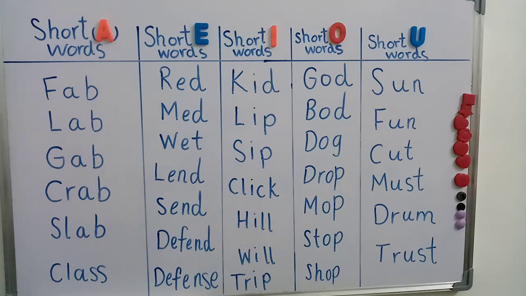For example, the word go, and the word got. In the word go, we have the long vowel O, a long sound. But in the word got, the word is closed by the consonant T, so the sound for the vowel here is going to be short. We say got.